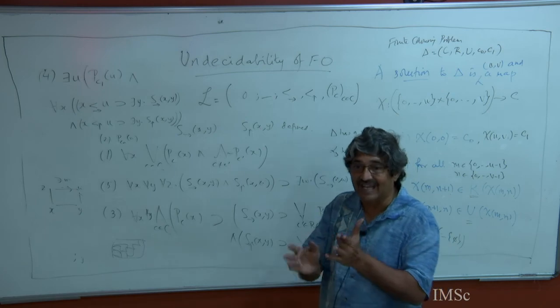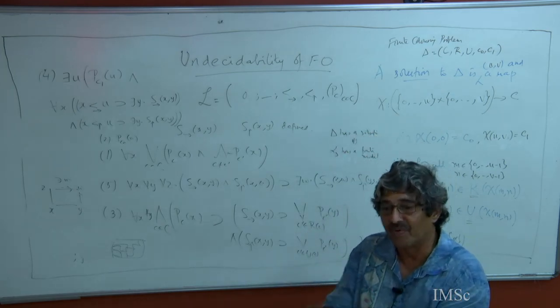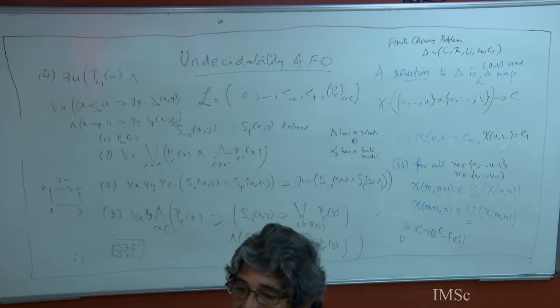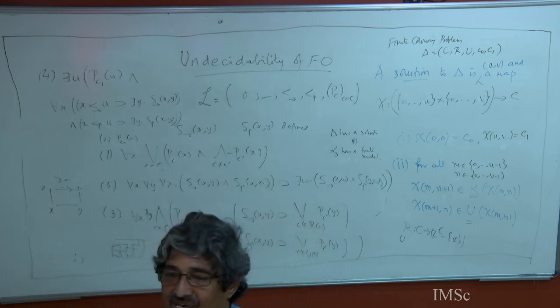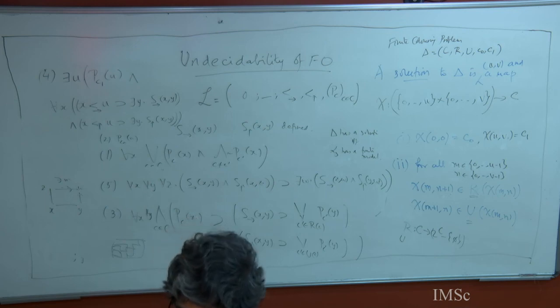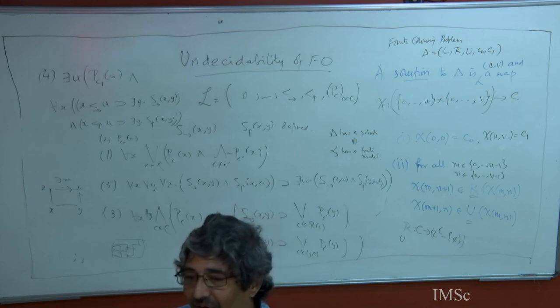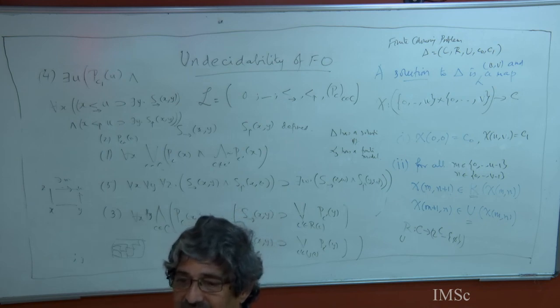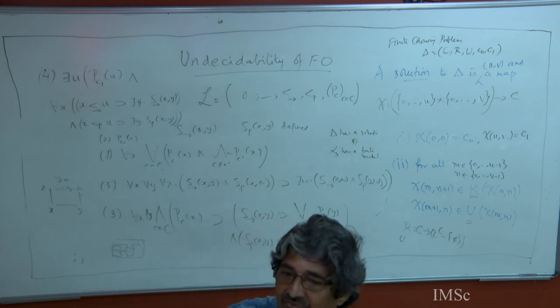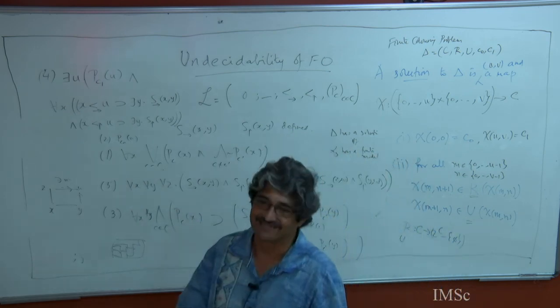Any class of graphs that contain grids in them, the emptiness problem for the automaton would be undecidable by very similar logic. So today, the kind of consensus, if you ask for automata that run on different classes of structures, what's the class of graphs for which emptiness is decidable? Well, anything that avoids the grid.